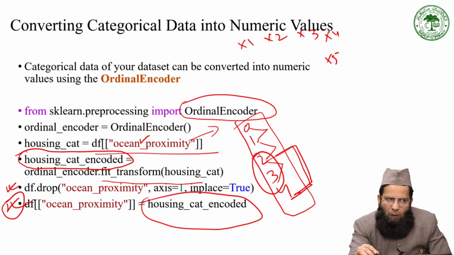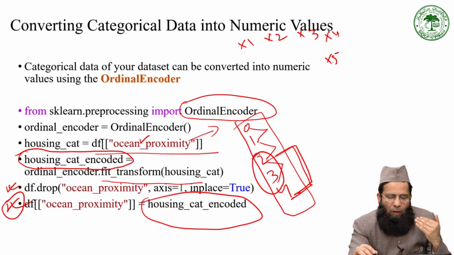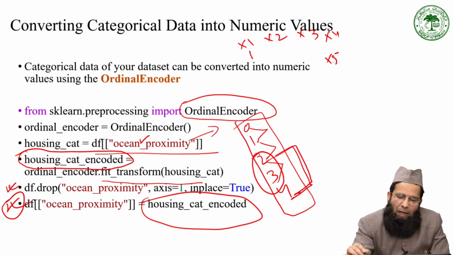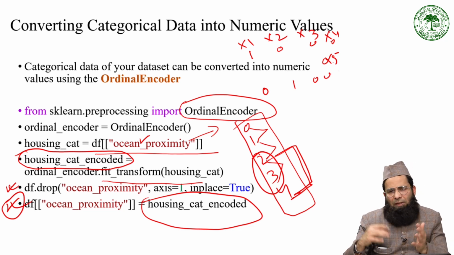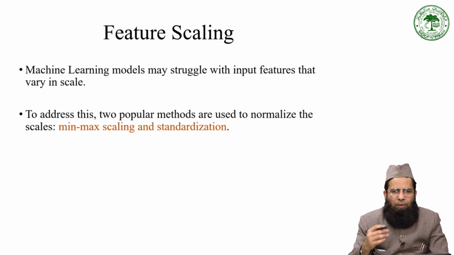For the category which is true in a particular record, it would assign 1, and the rest of the variables would have 0 values. Where x1 is true, similarly for category x2, all would remain 0 except x2. In this manner it would assign the values. So this is another way of converting categorical data into numerical values.